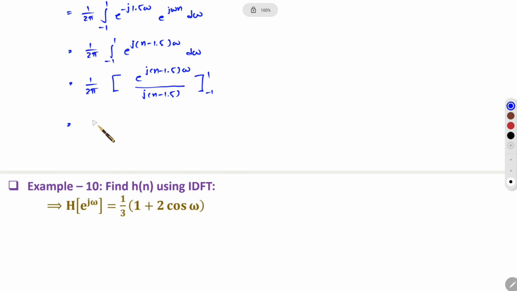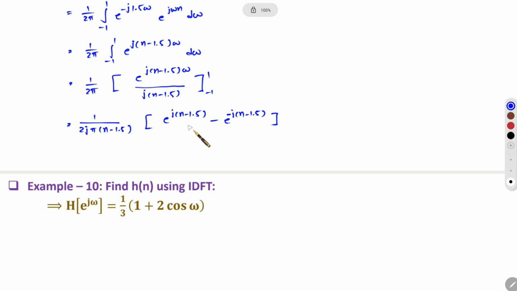Let us take this term out, so we will have 1 divided by 2 pi j (n minus 1.5). If you substitute the limits, we have e to the power j (n minus 1.5), first limit omega equals 1, minus the second limit where omega equals minus 1, so there will be a negative sign.